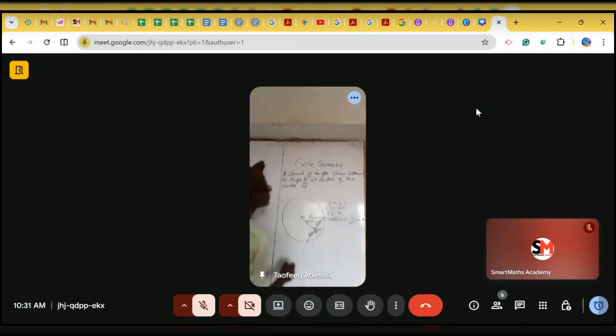If the radius of the circle is 10 centimeters, calculate the value of theta.